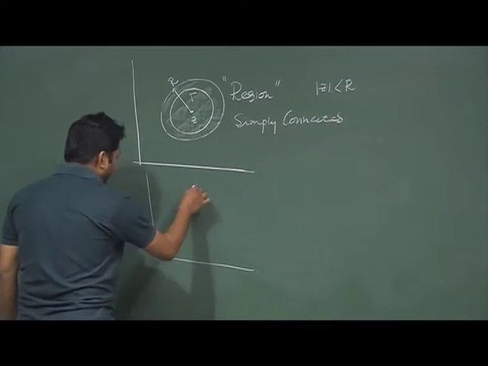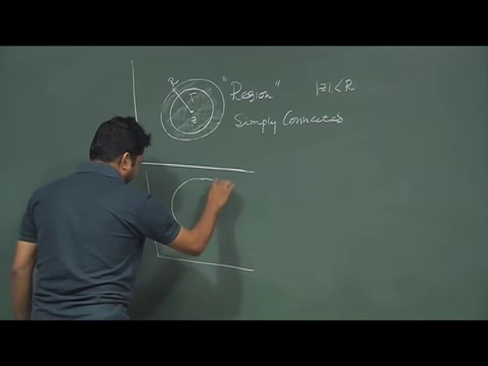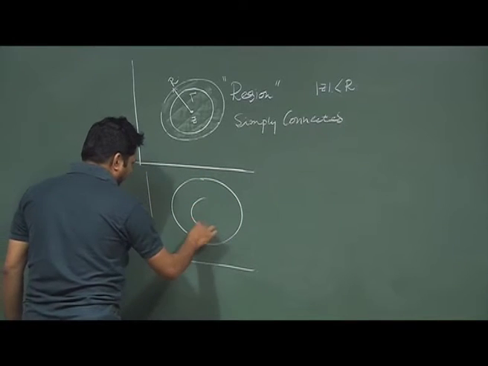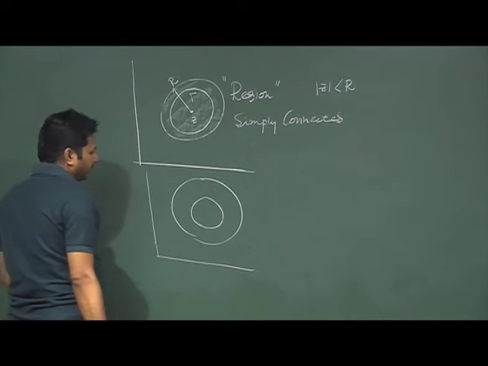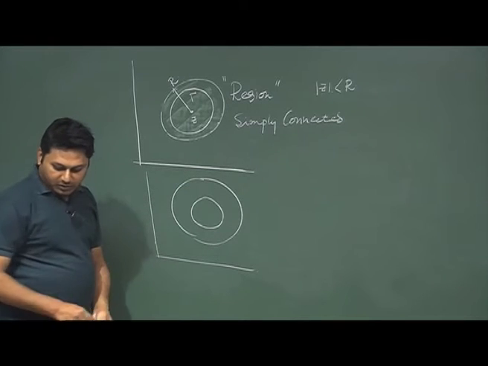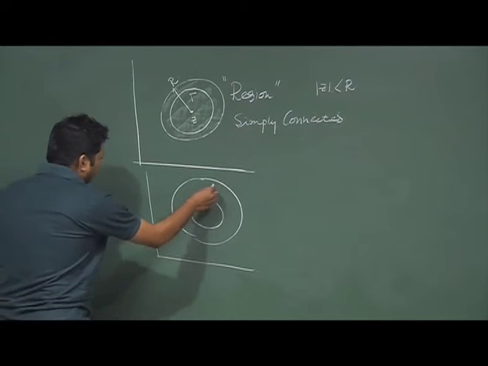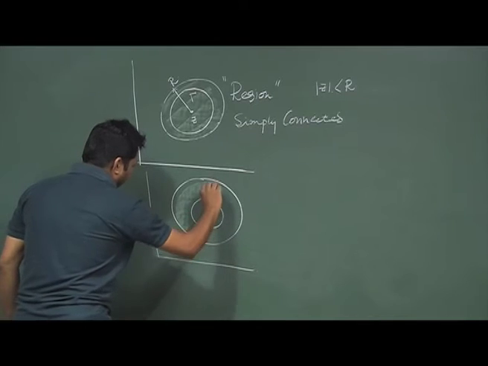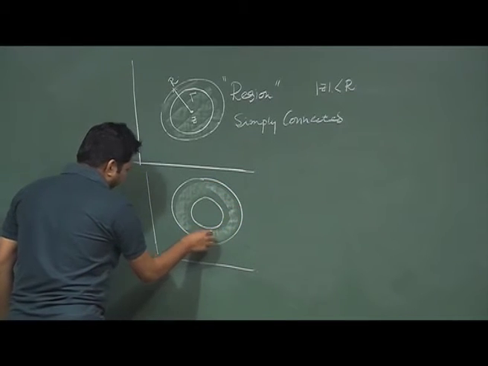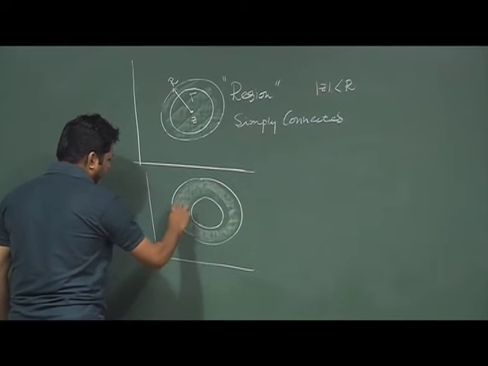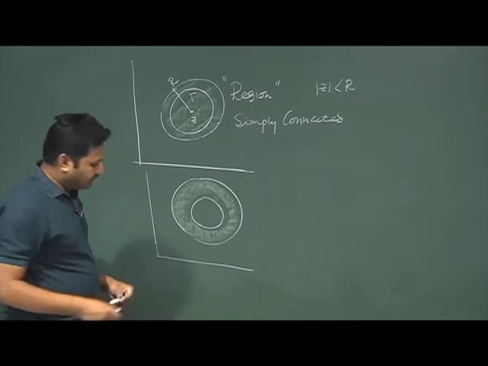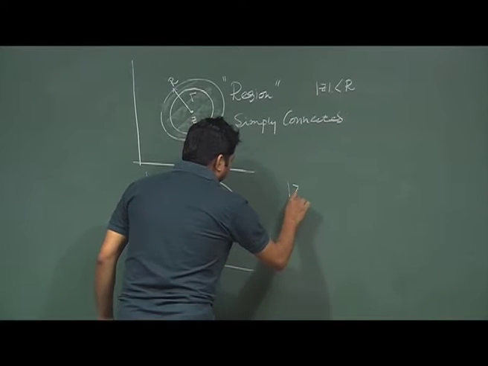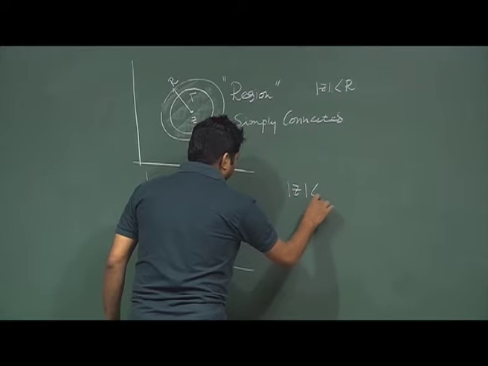So, let me draw another region enclosed by two closed curves like this. Now my region is this one, the annular region, and you are aware of this annular region because we showed it in the previous class.